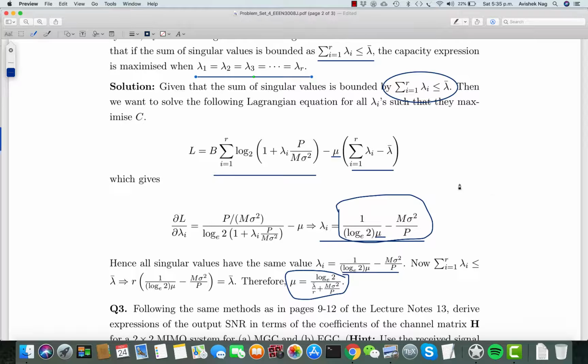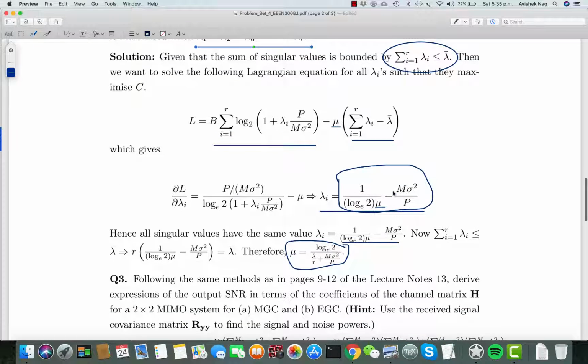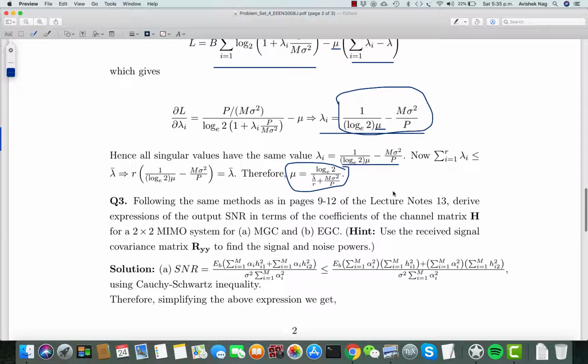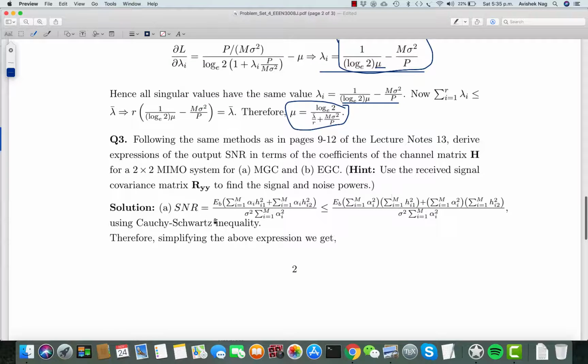So this was the solution of problem 2, and in problem 3 again you can write the SNR expression. So this was basically a 2 cross 2 MIMO. So in a 2 cross 2 MIMO you can write the SNR expression like this.